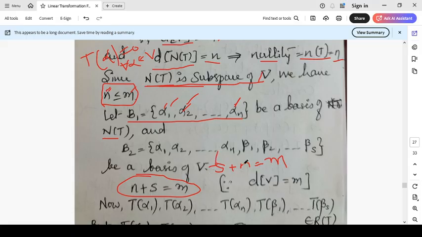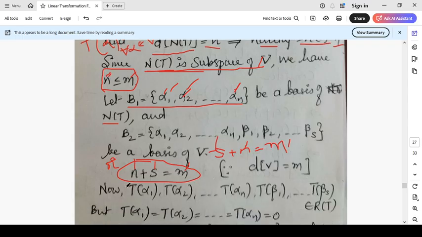Rank plus nullity is equal to the dimension of V. Here s is the rank and n is the nullity.